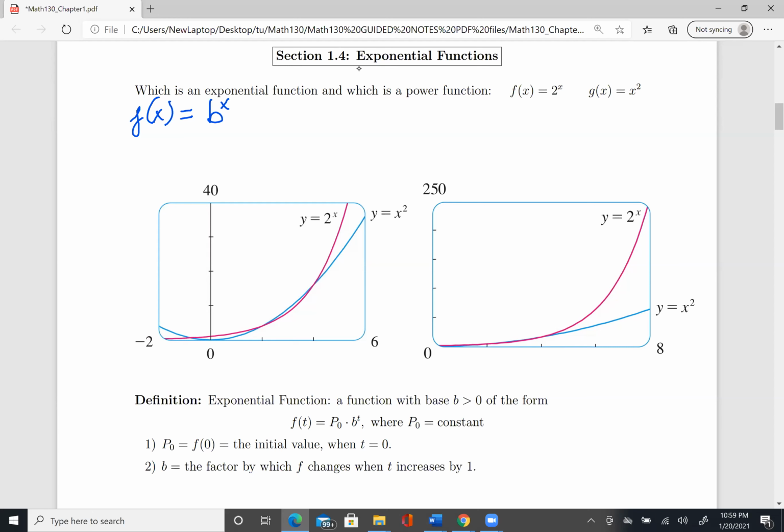Here the variable is on the top, and b is the base. So f of x equals b to the power x is an exponential function, and the other ones are power functions.